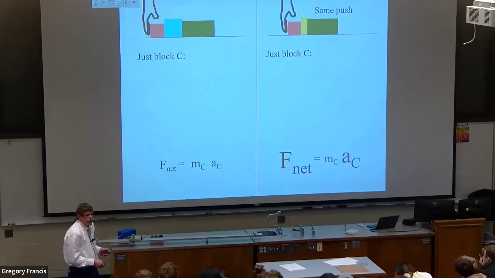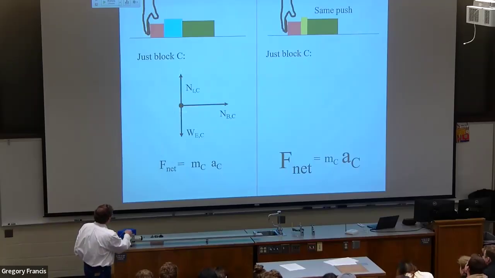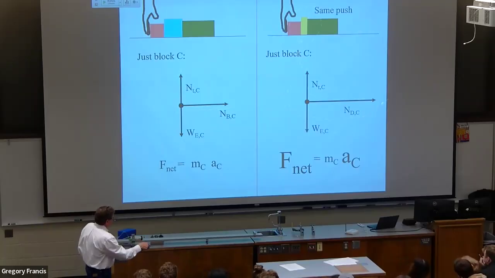You remember the free body diagram for block C was pretty simple. It had the weight down, the normal by the table up, and whatever was behind it pushing on it. And if I have to have a bigger net force in this situation, the little block D is pushing harder on C than the big block B.